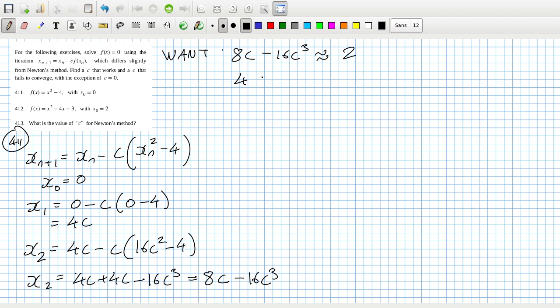So that means I want 4c minus 8c cubed to roughly equal 1. So c is roughly equal to minus 0.809 or a half.